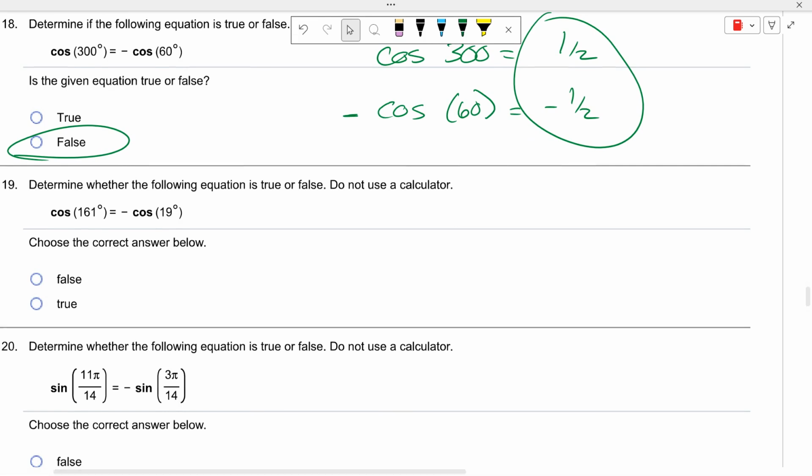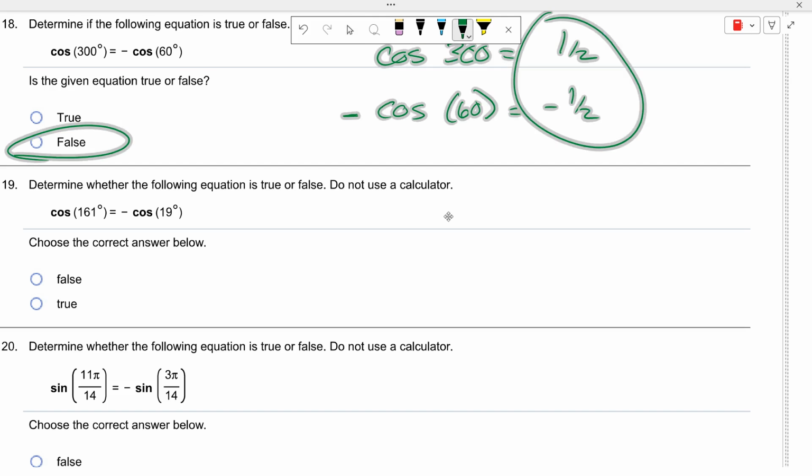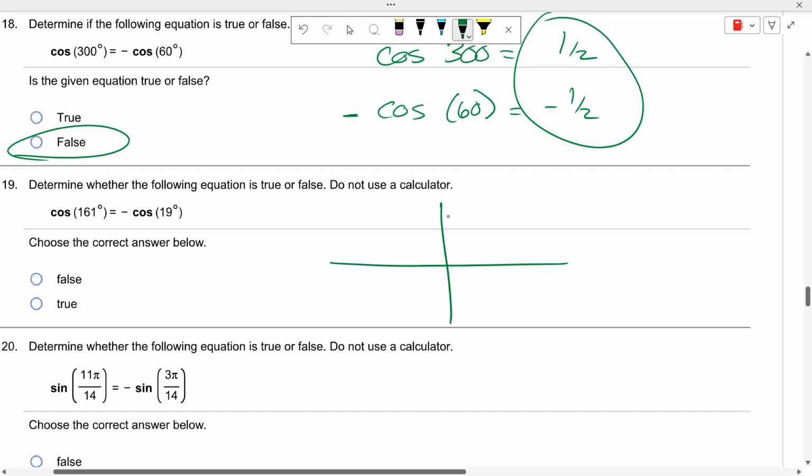Now, how far is 161 away from 180? 19 degrees. So these have the same reference angle. 161 is here, 19 degrees away from the horizontal axis, and 19 degrees is 19 degrees away from the horizontal axis.